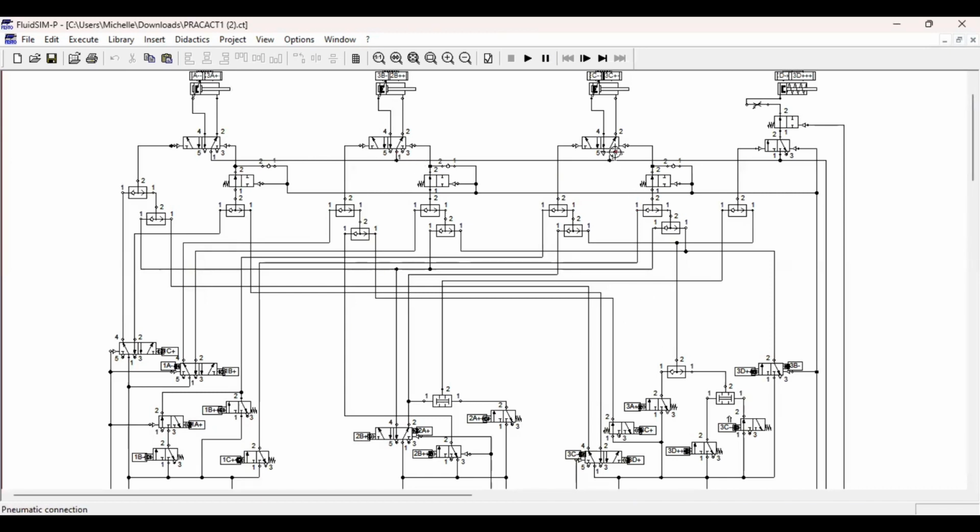And to actuate naman si C and D, we've used here a normally open na 3-way valve and it have a magnetic to its left side and a spring return to its right side.